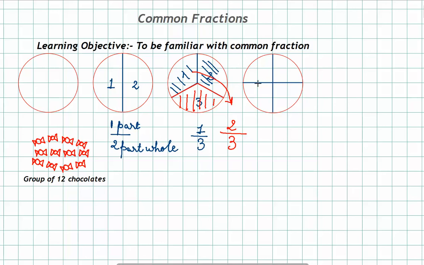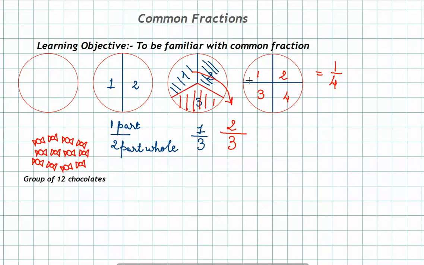Let's consider this as a pie, and you have divided this pie into four equal parts, 1, 2, 3 and 4. If you are consuming only a quarter of this pie, then you can say that you have consumed one part out of the four parts.